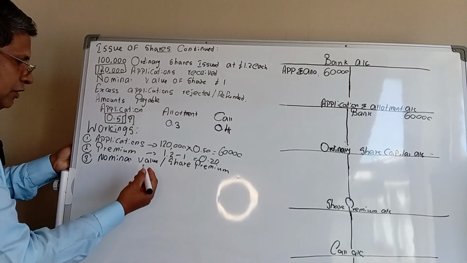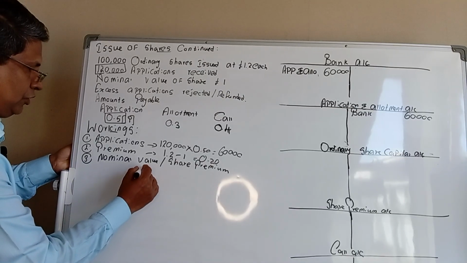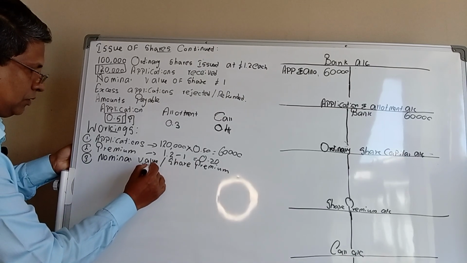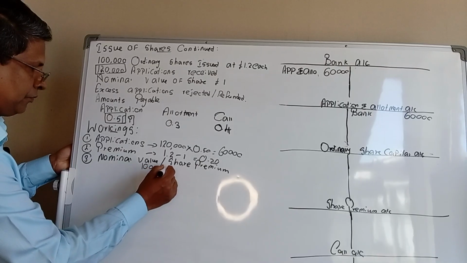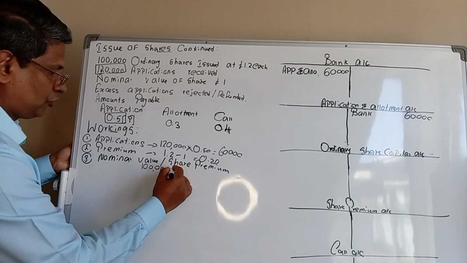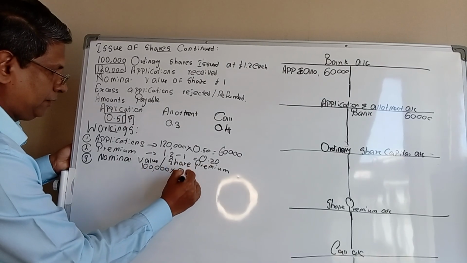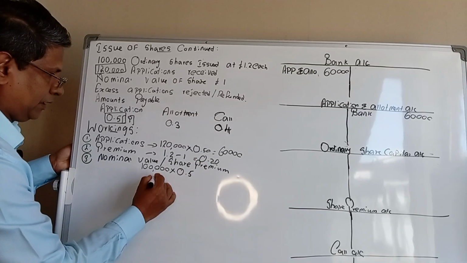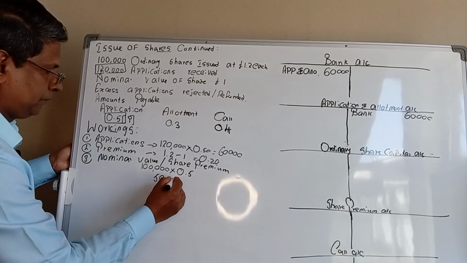Let's see how much money we have got from here. So we issued 100,000 shares, isn't it? So 100,000 shares will be the number of shares that we are issuing at 0.5 each. That will be 50,000.